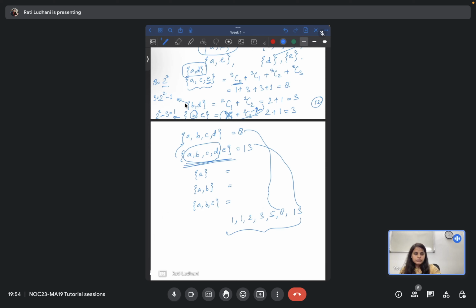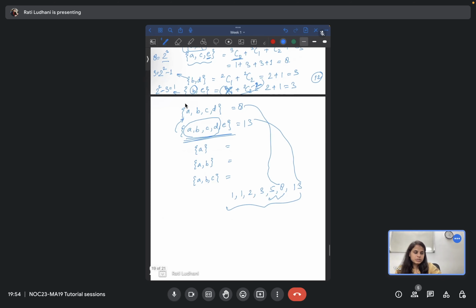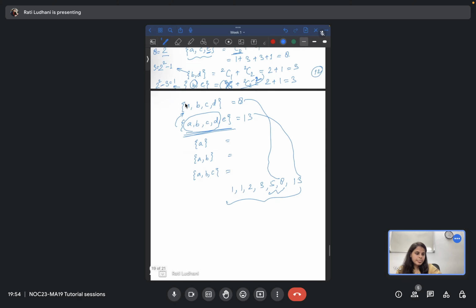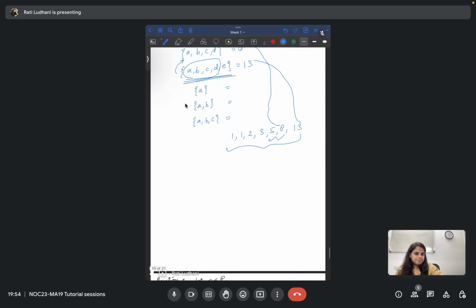So you can try to find an inductive formula, or prove by induction that this forms a Fibonacci sequence, because this just adds the previous two. So just try to find a relation for why this is a Fibonacci sequence. The interesting fact is that the number of anti-chains forms a Fibonacci sequence.